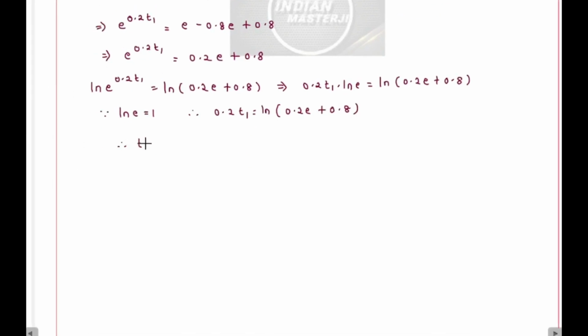So therefore t1 will be equal to ln of 0.2e plus 0.8 divided by 0.2. So if we solve this particular expression, ln of 0.2e plus 0.8 divided by 0.2, what do we get?